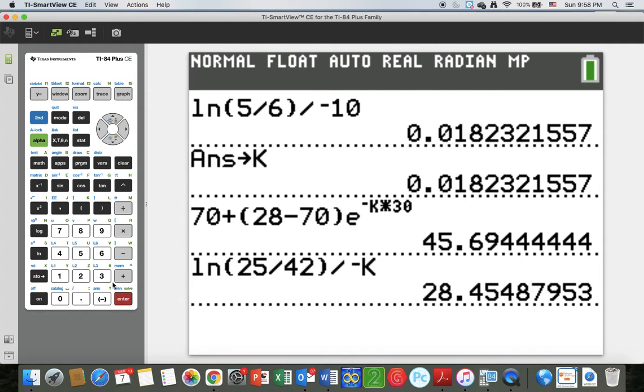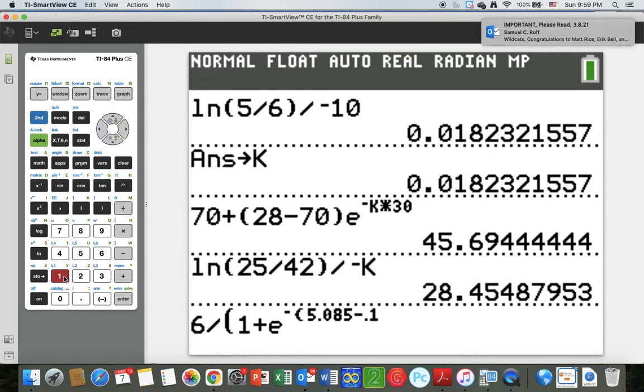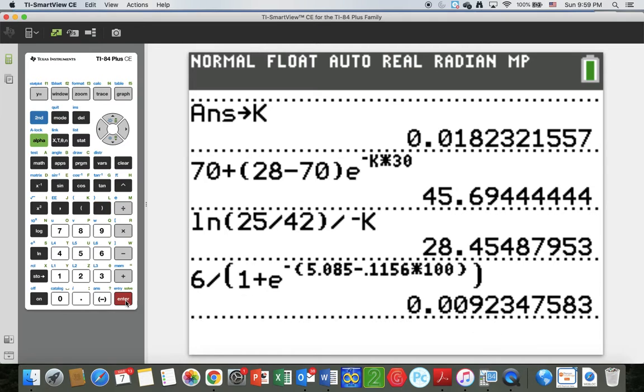So the formula is 6 divided by 1 plus e to the negative parentheses 5.085 minus 0.1156 times 100 power, close parentheses, close parentheses. Now, that is correct. So we got 0.009.